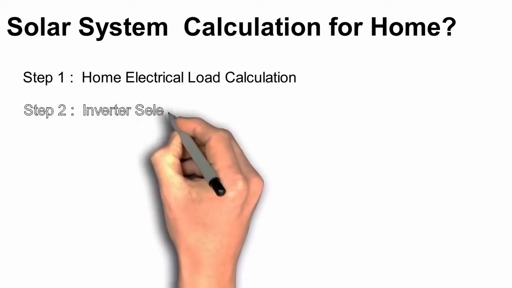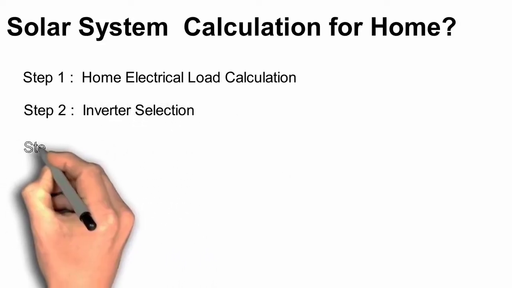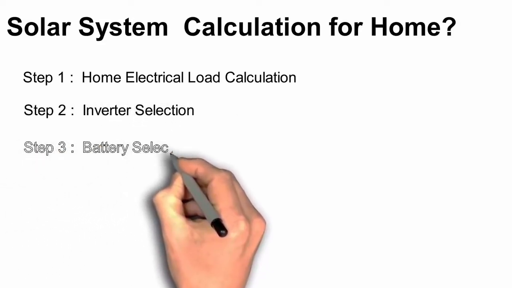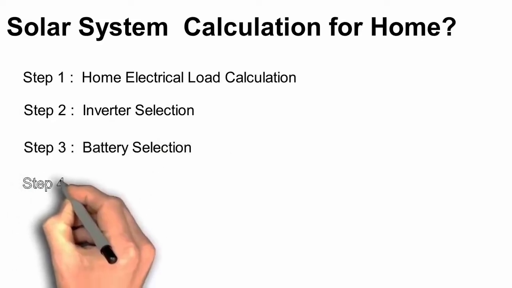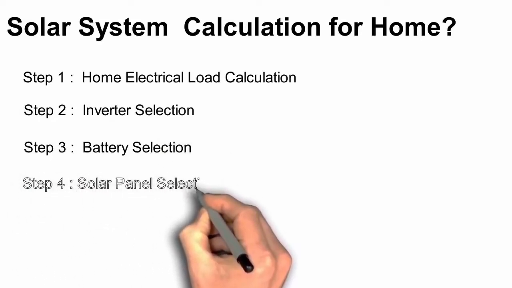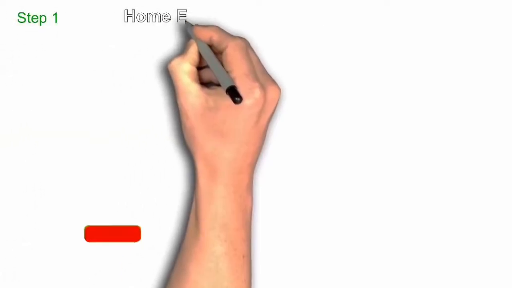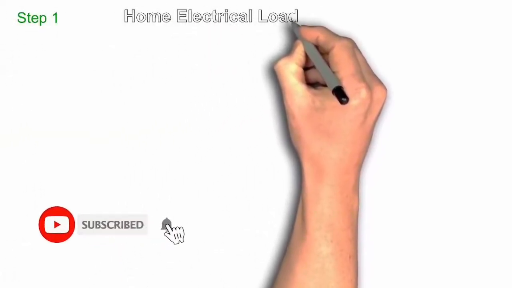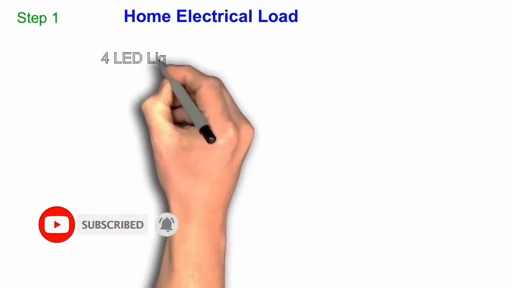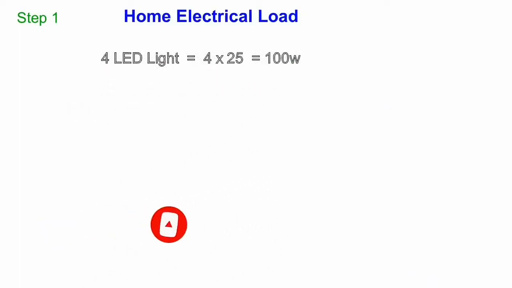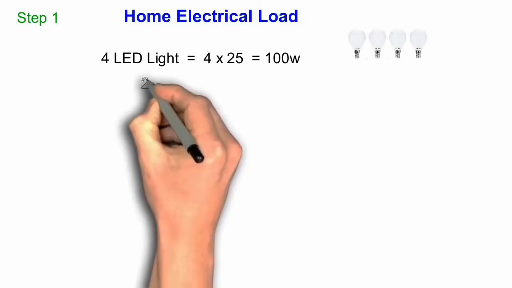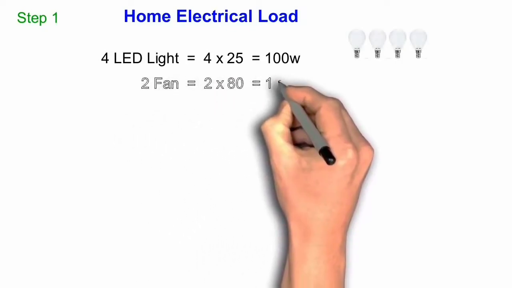Like I've said before, you calculate every appliance that you might want to connect to that system. You need to calculate everything. That way you get to determine what your inverter selection is going to be and what your battery selection is going to be, and the panel, of course. Step number one, home electric load analysis. You go through basically what you might need to connect to the solar system.